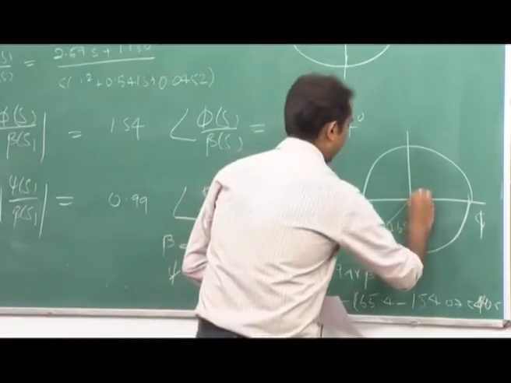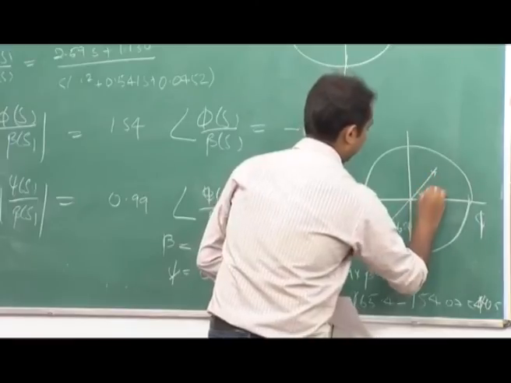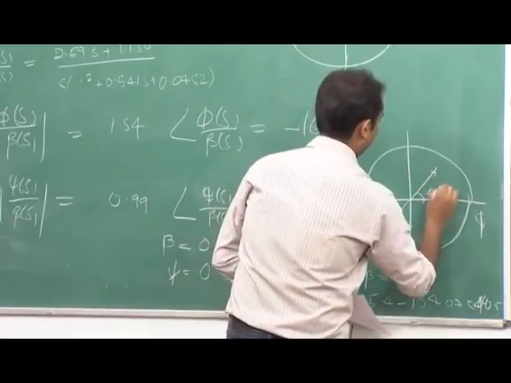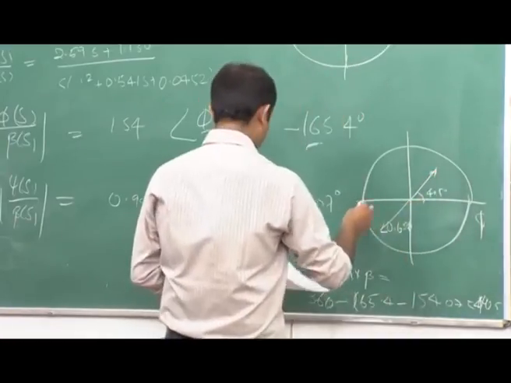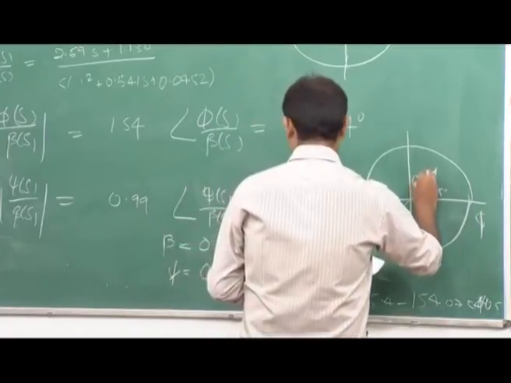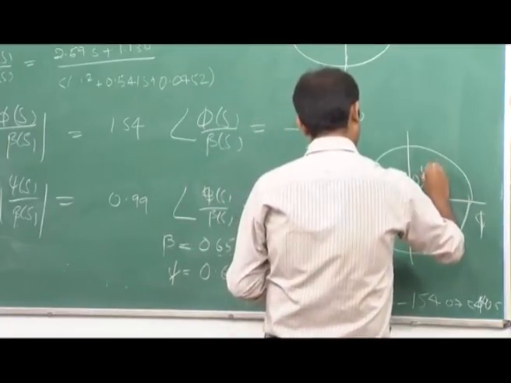So this will be 40.50 degree and your magnitude will be 0.645.